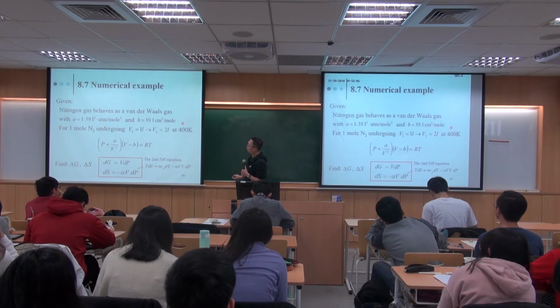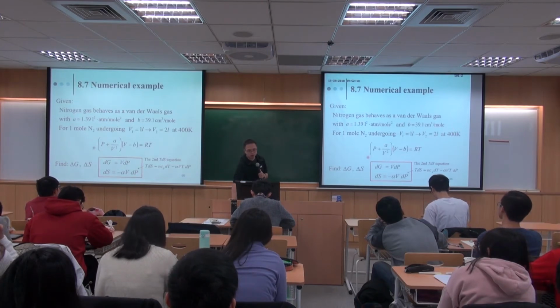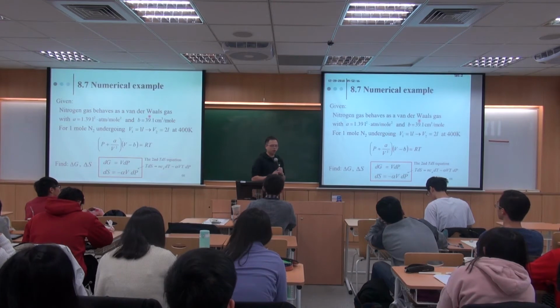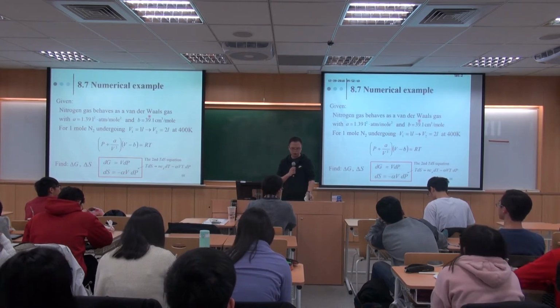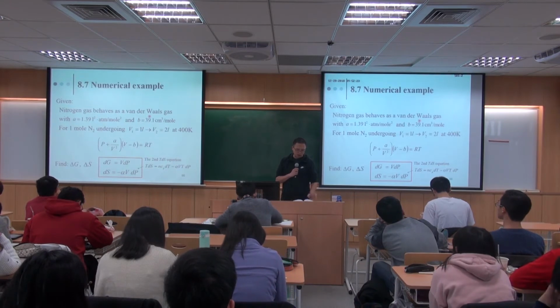So if you recall that for a van der Waals gas, you have this gas law, this expression, right? But if you have your textbook with you, you'll see that for this problem, it gives you a different kind of expression.